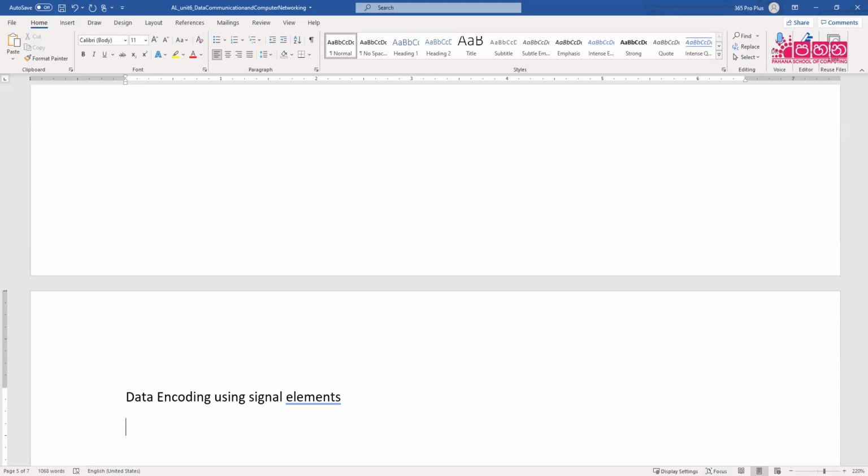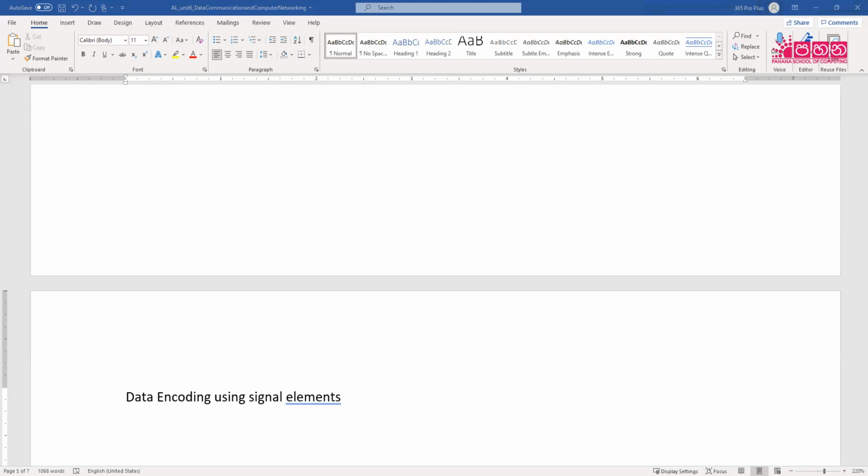So basically what will happen, there will be two signals we are going to combine together, right? So this is exactly what will happen. There are various ways we can do this. We will call it amplitude modulation, right? Amplitude modulation means we will use amplitude, the height of the wave.